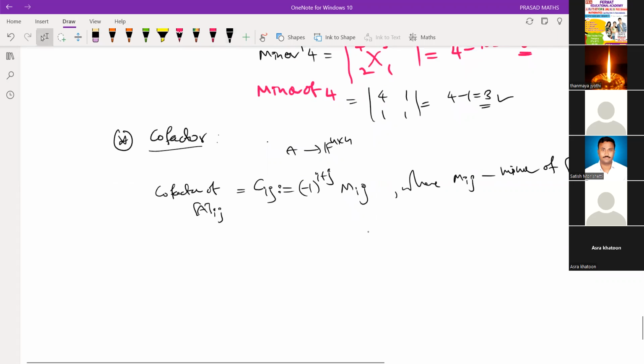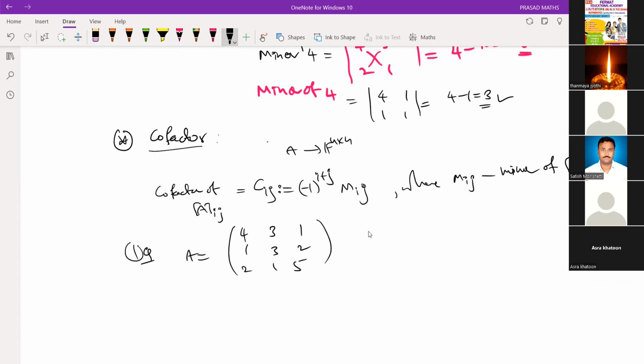Suppose you are given a matrix like this, the same matrix: 4, 3, 1, 1, 3, 2, 2, 1, 5. Now I'm looking for computing the minor of 4, which we have seen already. What is the cofactor of 4? Take C11 for the entry 4.